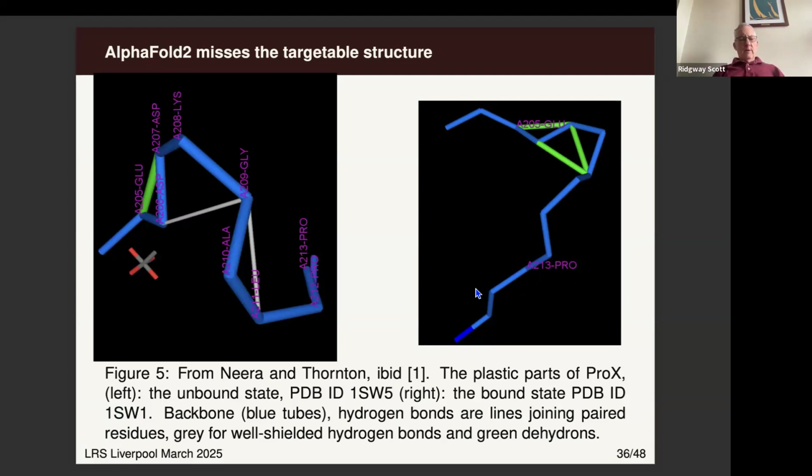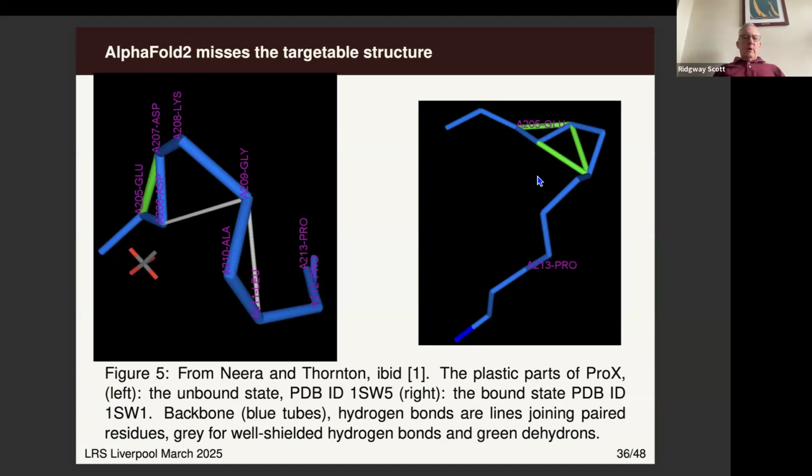The unbound state is on the left, and the bound state is on the right. The main thing is, there's nothing to learn from this except that they're different, and to some extent that there are more well-wrapped hydrogen bonds on the unbound side.